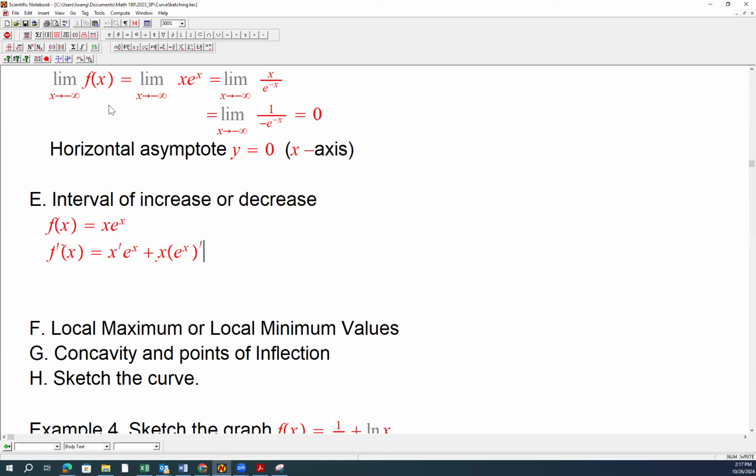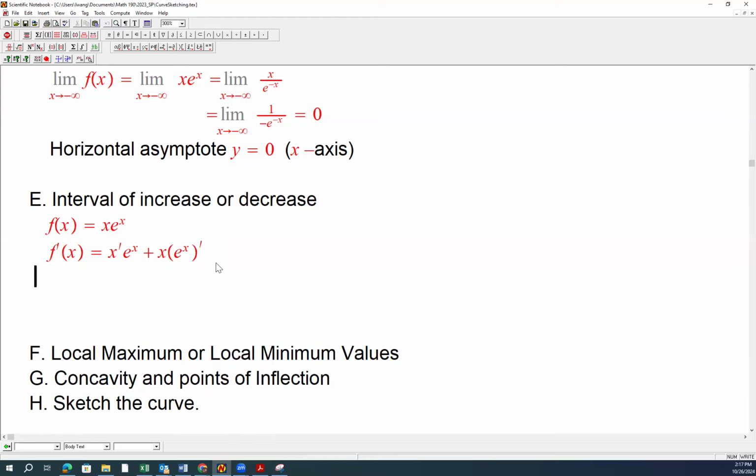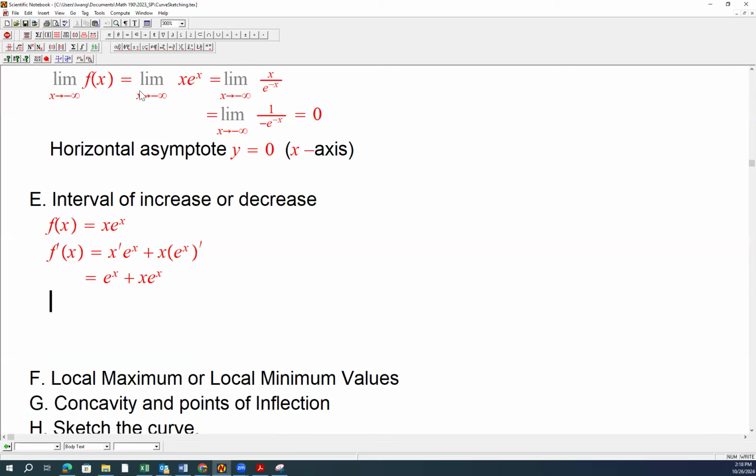The derivative of x equals 1, so we just get e to the power x, plus x times e to the power x. Factor, because looking ahead, we're going to find the critical numbers. If we get a factored form, that would be very helpful. That's e to the power x times 1 plus x.